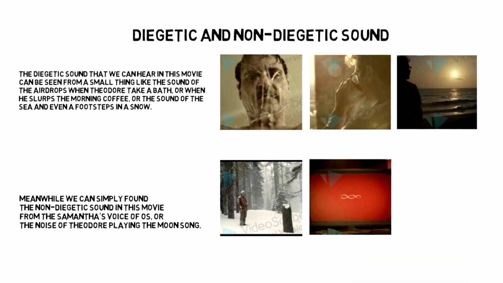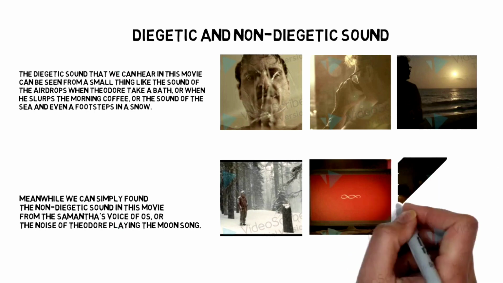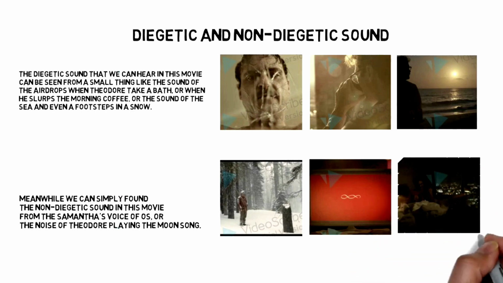Meanwhile, we can simply find the non-diegetic sound in this movie from Samantha's voice as the OS, which is Scarlett Johansson's voice, like "Hello, I'm here," or the noise of Theodore playing the moon song. It's a beautiful song anyway.